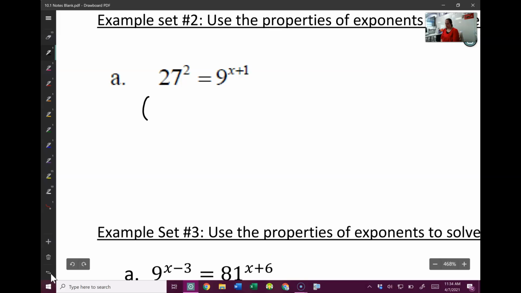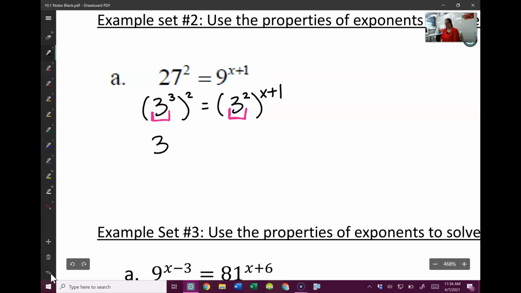So I am going to change this 27 and this 9 so that they have the same base. For example, I can change 27 to 3 cubed, and I can change 9 to 3 squared. Now they have the same base.